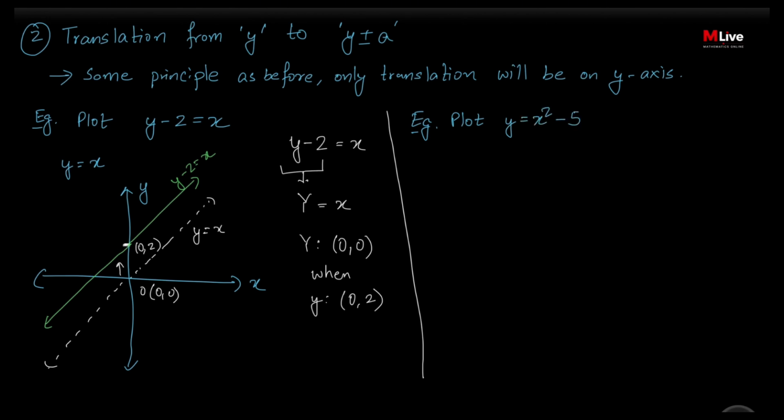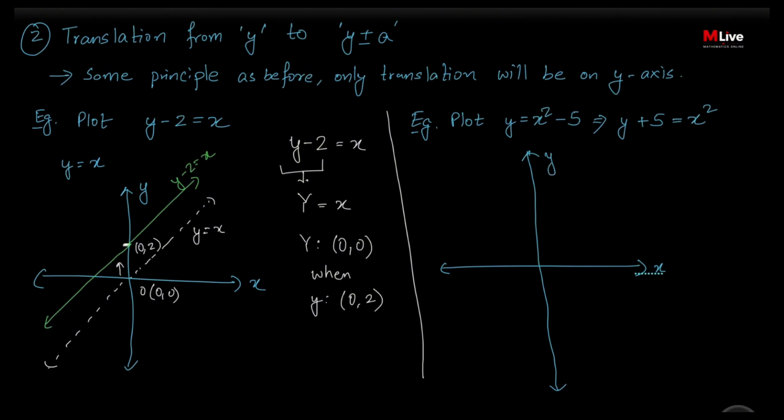Now you'll see a notable difference here with respect to the previous example that we did. Previous example was x minus 5 the whole square, whereas this is not x minus 5 the whole square, it's x squared minus 5. So we cannot treat this like we were treating it before. So we will reorganize this equation a bit and we will write it as y plus 5 is equal to x squared.